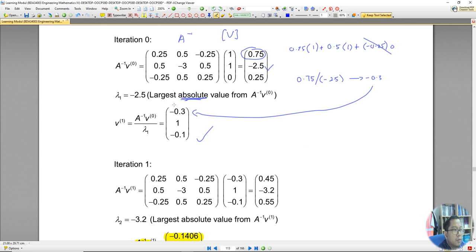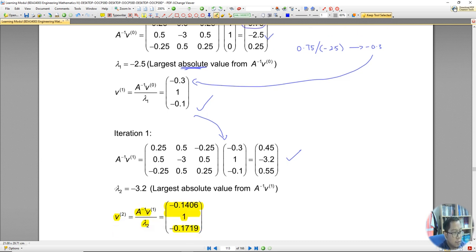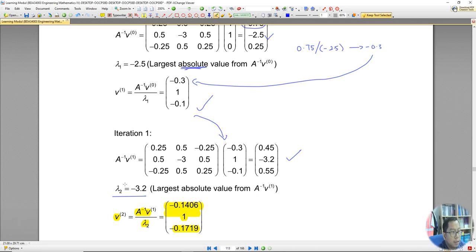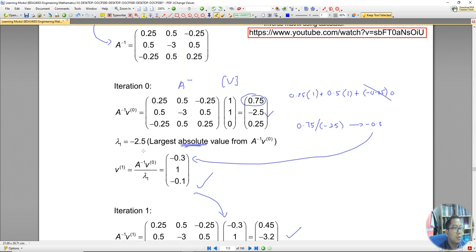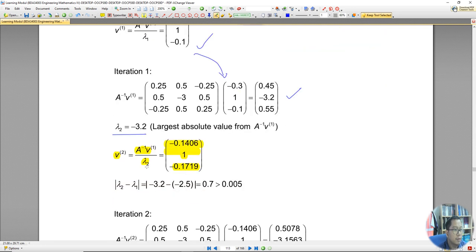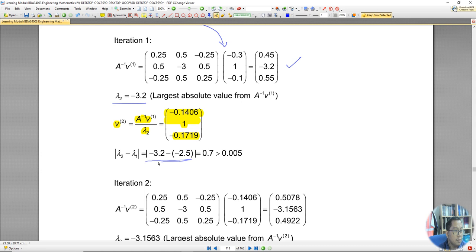Then use this eigenvector value here, and calculate again until you get the largest value, which is minus 2.5.